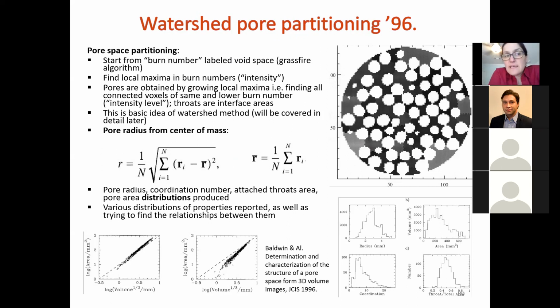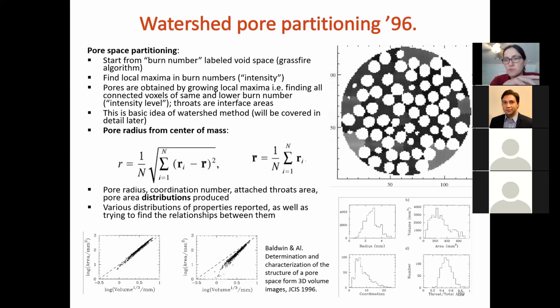Essentially, you start from those local maxima and you start growing spheres. That's similar to the grass fire algorithm we already defined. When two grass fires, or fire fronts, touch, you stop. Okay?